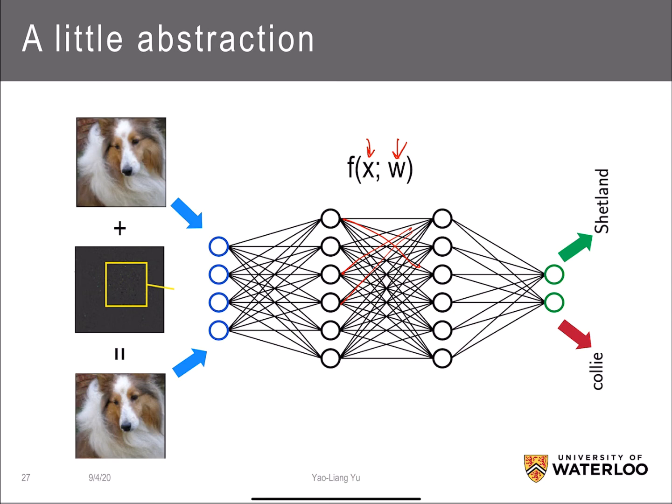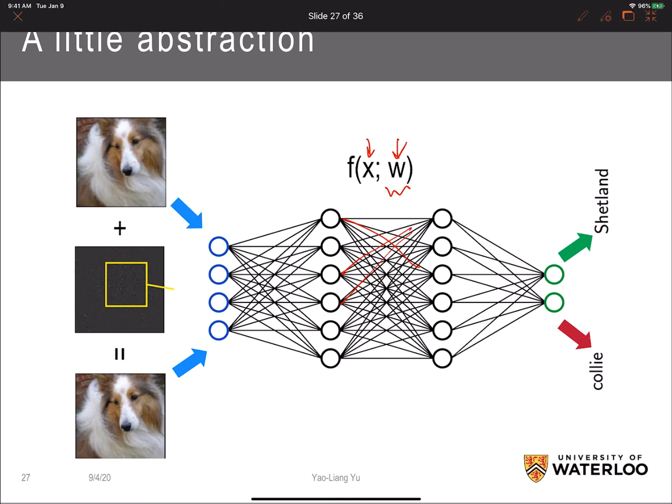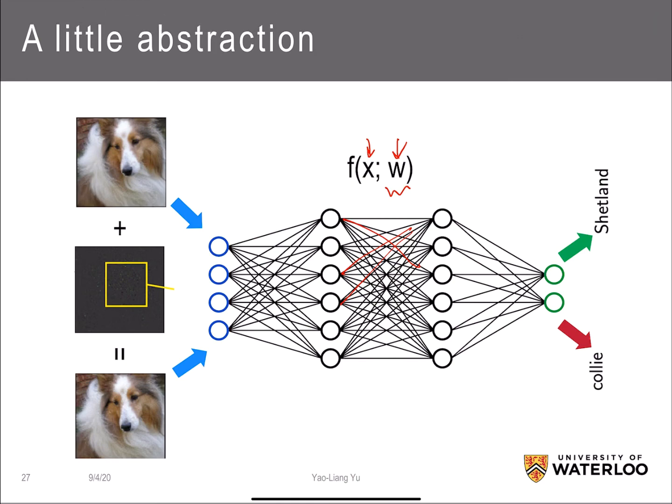In a typical machine learning course, you are going to actually find this w. Here we are assuming w is already given to you. You cannot change w. It's given to you. And x is the input, as we mentioned. w are the weights of the network. And we're going to predict the breed of the dog. So this is our label, y.